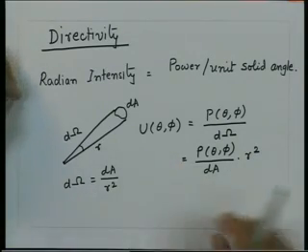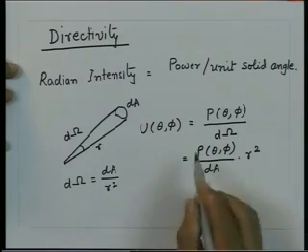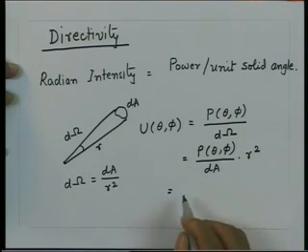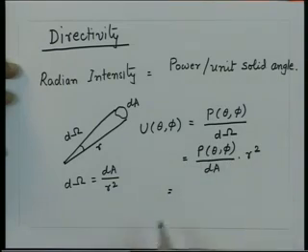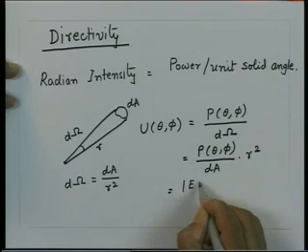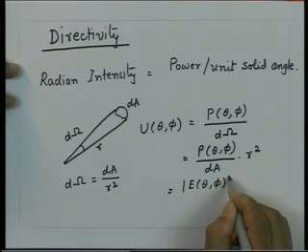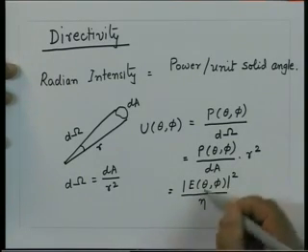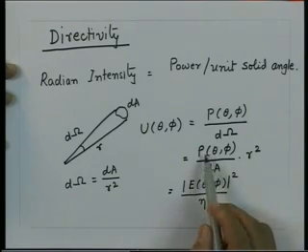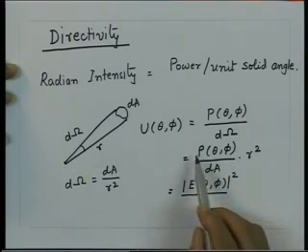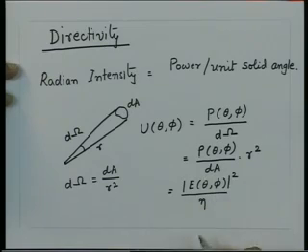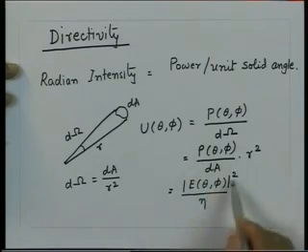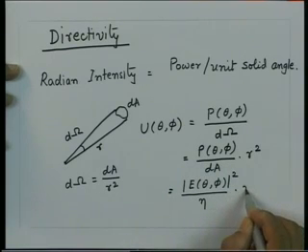The Poynting vector is E theta phi square upon eta. This is a transverse electromagnetic wave, so the Poynting vector is E cross H, but E and H are perpendicular to each other and H is E by eta. So you get the Poynting vector, which is mod E square upon eta, multiplied by r square.